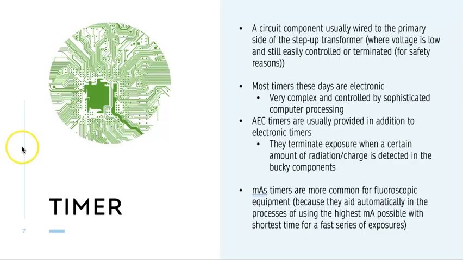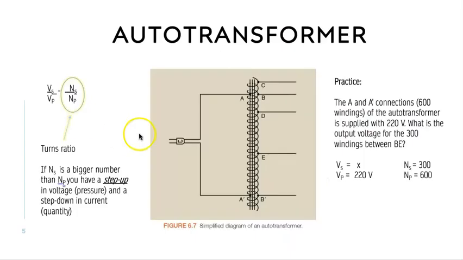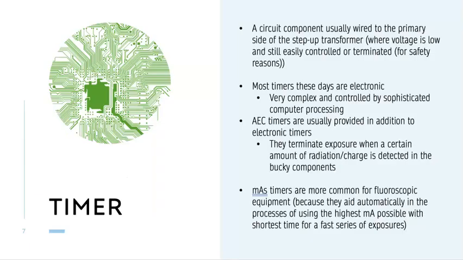It's pretty big. Finally, the timer. It's a circuit component as well, usually wired to the primary side of the step-up transformer. So again, the primary side is what's receiving a certain amount of energy, and this is where voltage is lower and still easily controlled or terminated.